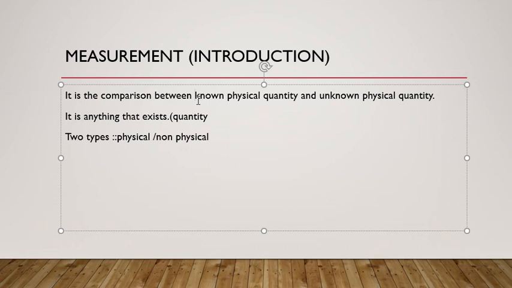Over here, what types of things are known as physical quantities? Simply those things which can be measured, like mass, length, time. We can measure these things. Like I can say, I have 2 kg of sugar. It means 2 kg is the mass of that sugar.